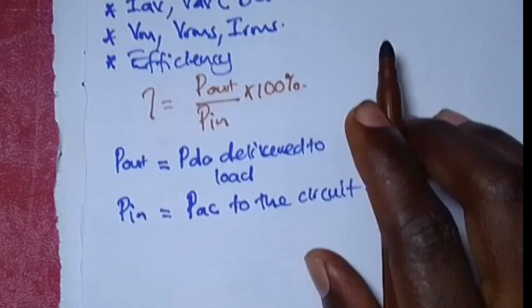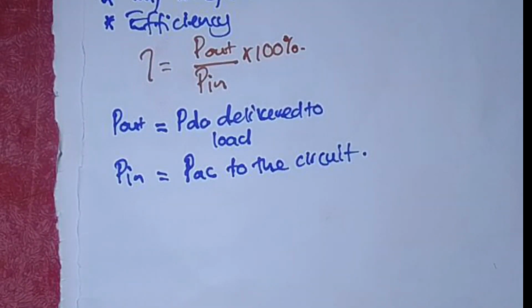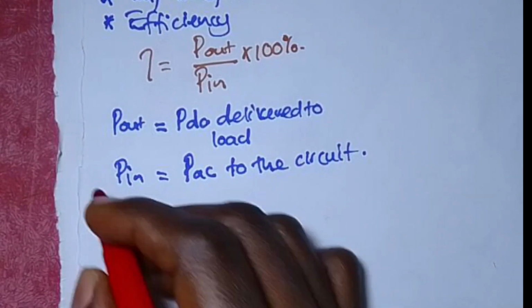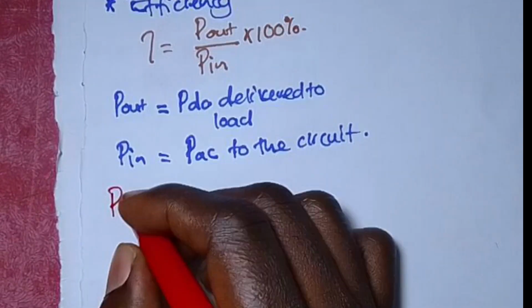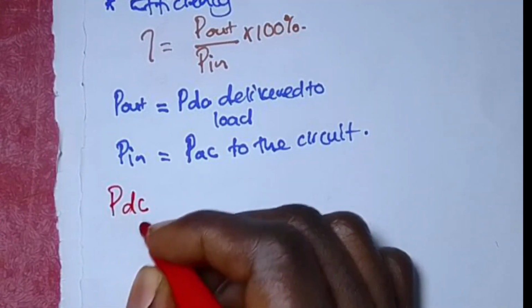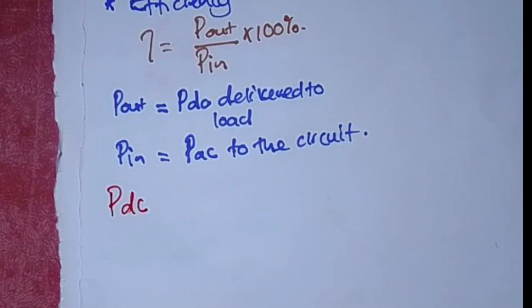Let me start by looking at the output power, which is the PDC delivered to the load. Suppose my circuit is connected to a certain load of load resistance R_L.